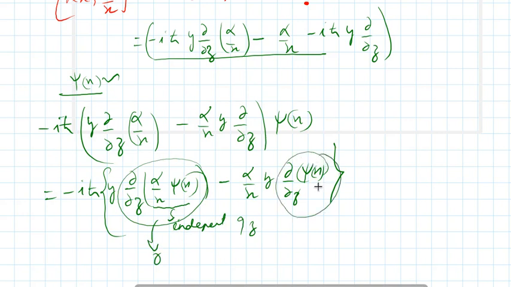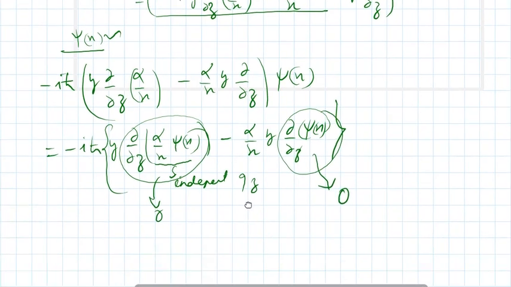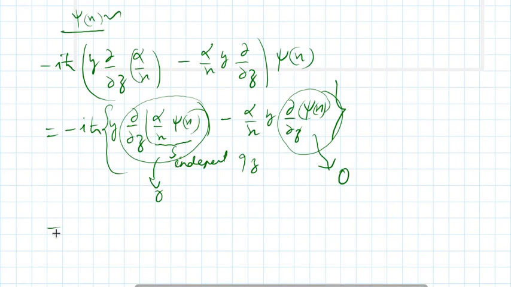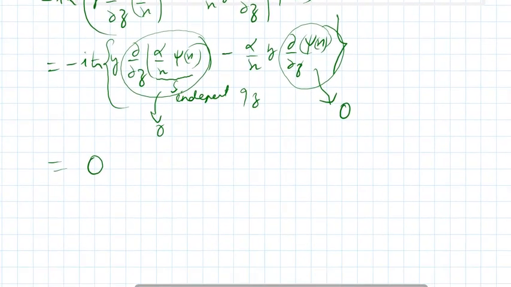Similarly, it depends upon x only, so its derivative, or the partial derivative, is equal to 0. So overall it is equal to 0. Thus, in a nutshell, I can conclude that the commutator of Lx with alpha over x is equal to 0.